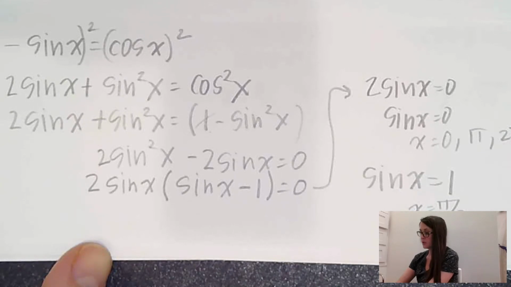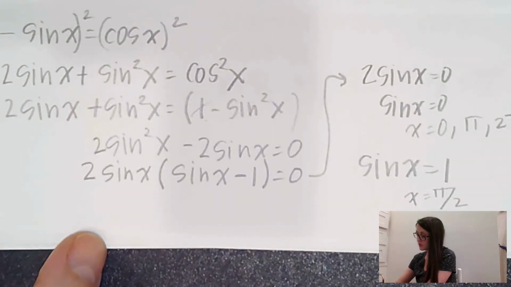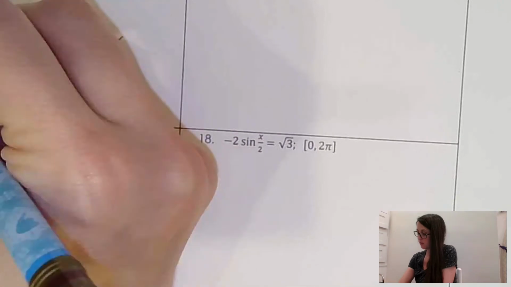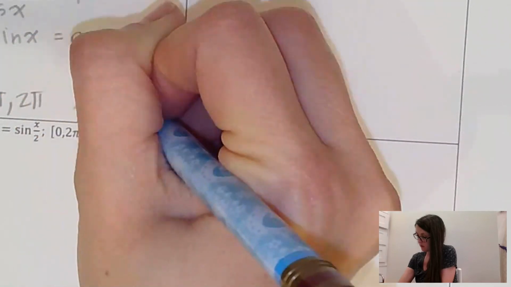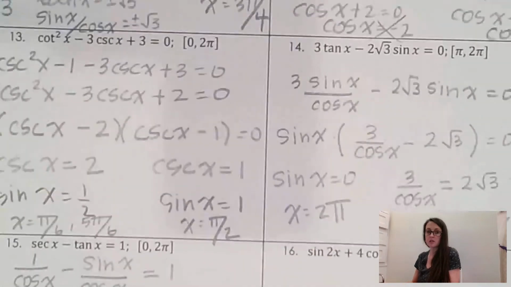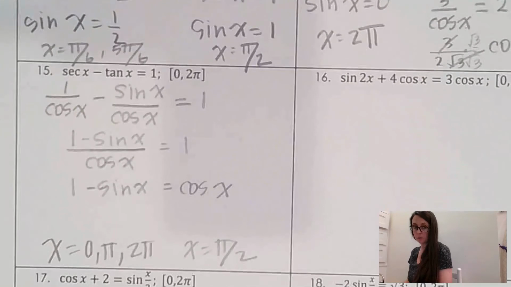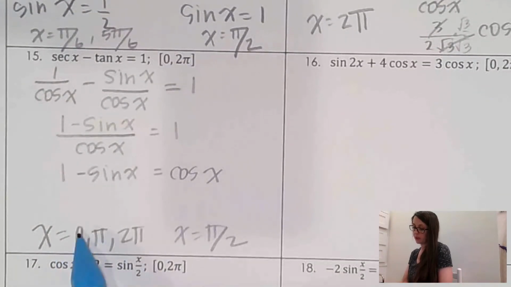Okay, we do need to check our solutions here and see if they work, because we did square both sides up here. So here are my solutions. Let's figure out if I plug in 0.